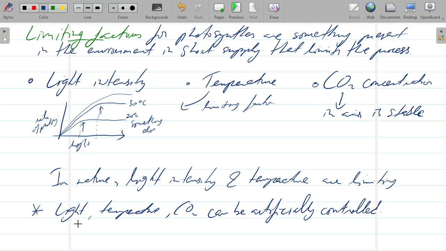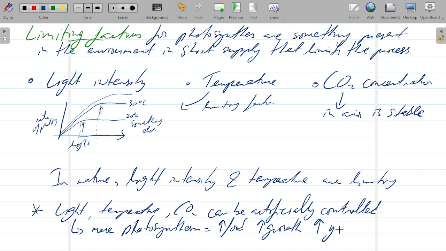And so you get more photosynthesis, which means more food, which means more growth, and which means a higher yield of crop, or plant or fruit, whatever it is that you're growing. That is basically what limiting factors is talking about.